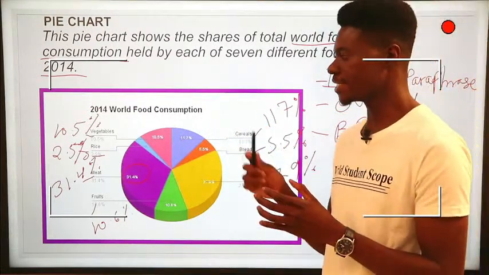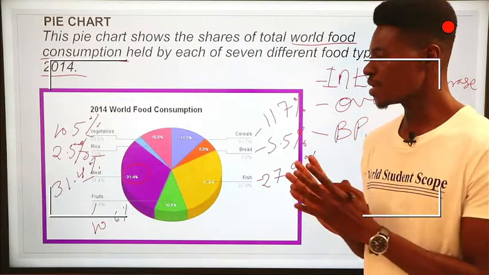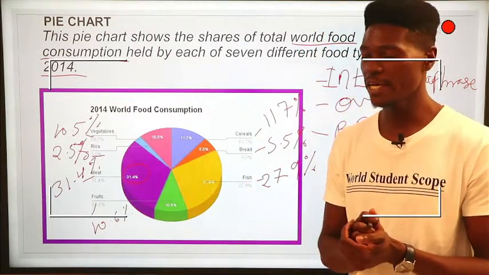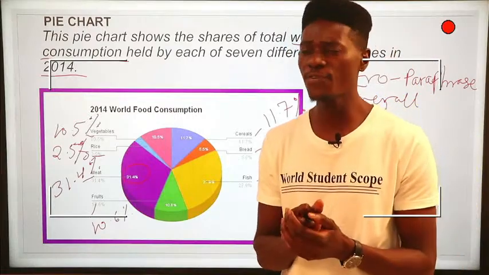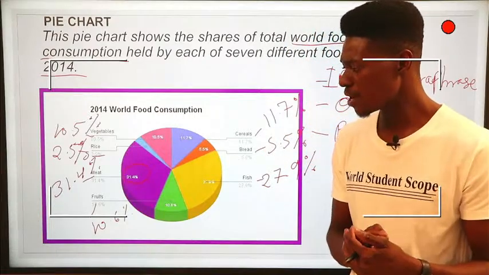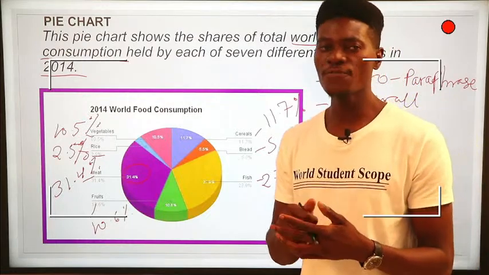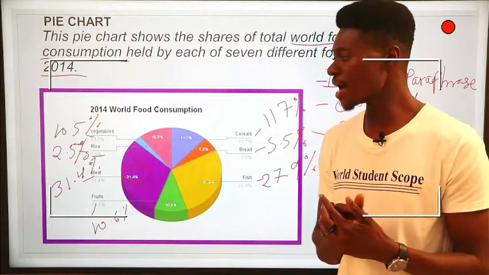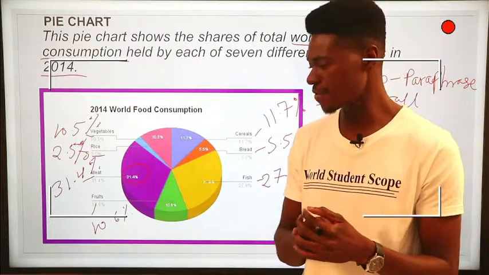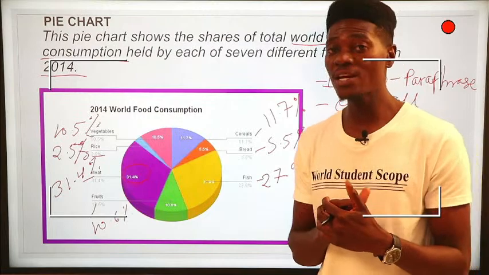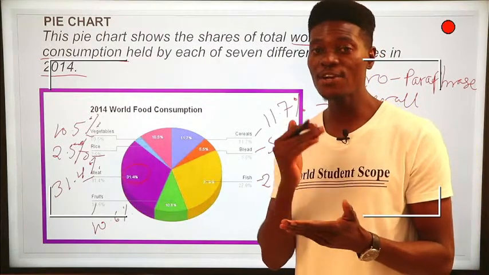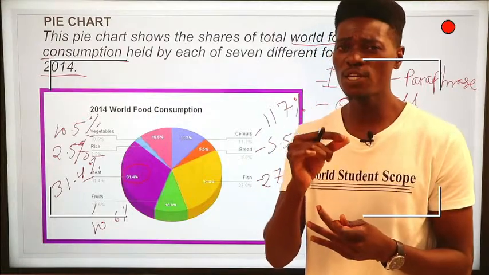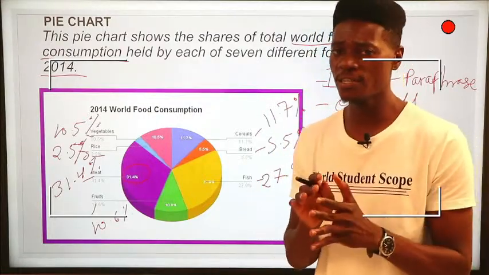Like: it is seen from the given pie chart, we have been given different types of foods which were consumed in 2014, and you can find the slight difference between vegetable and fruits, and the difference was only 0.1%, whereby we have been given vegetable 10.5 and fruits 10.6. That means the difference is only 0.1. Very small difference, and it can be neglected.